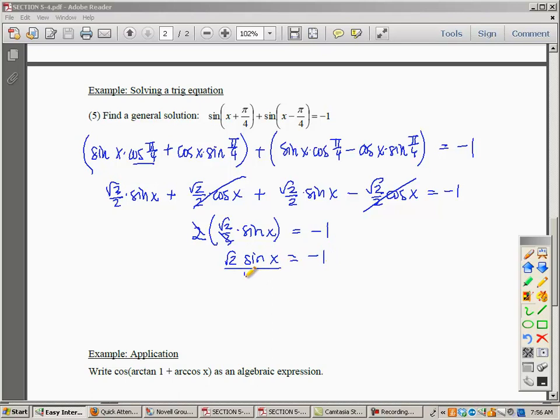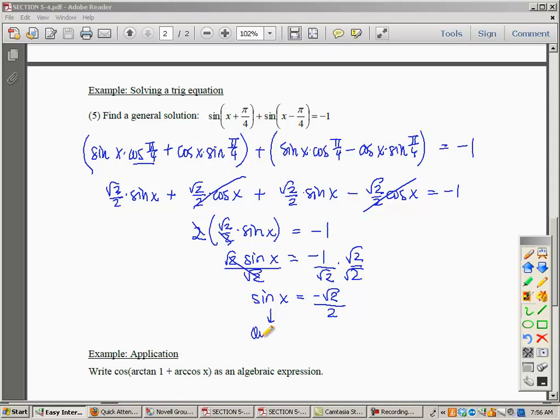So I have the square root of 2 times the sine of x equals negative 1. And let's just start solving. If I divide by the square root of 2, then the sine of x is, let me rationalize this a second, negative square root of 2 over 2. And so we go to our unit circle and we say, okay, in which quadrants is the sine going to be negative?